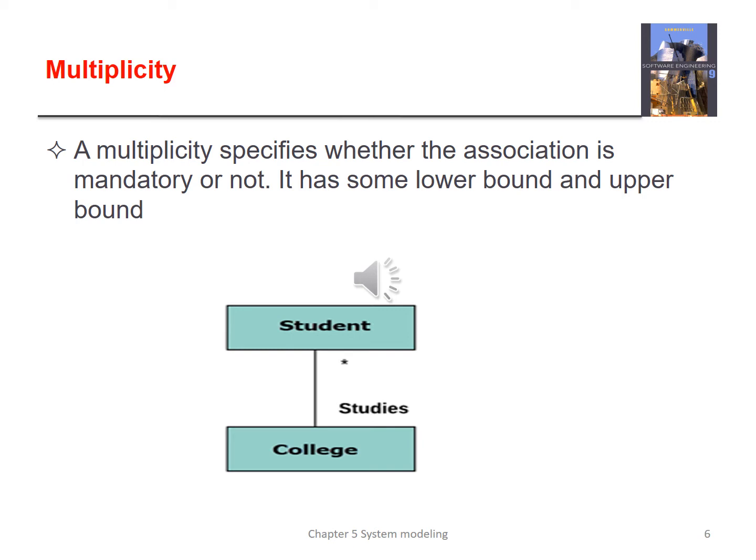Okay, what's multiplicity? Multiplicity is an active logical association, when the cardinality of a class in relation to another is being depicted.